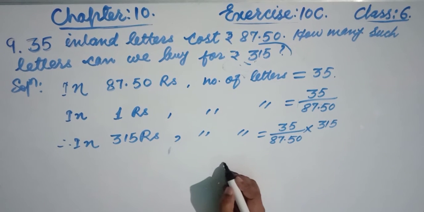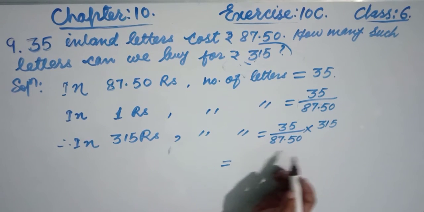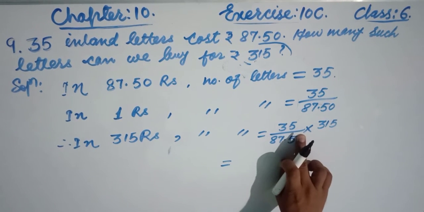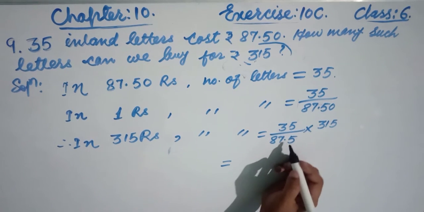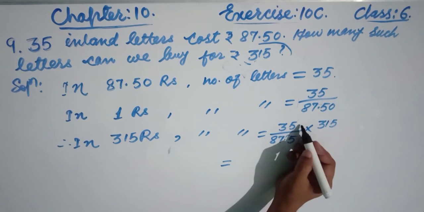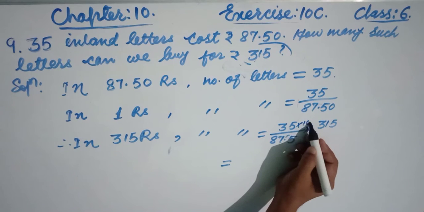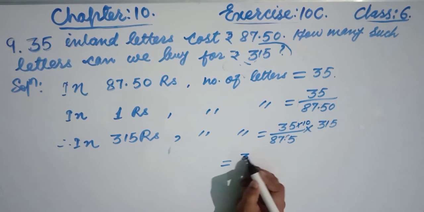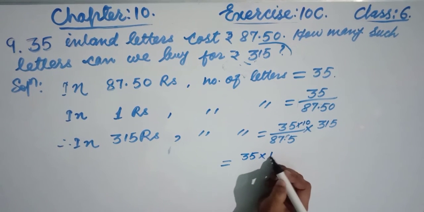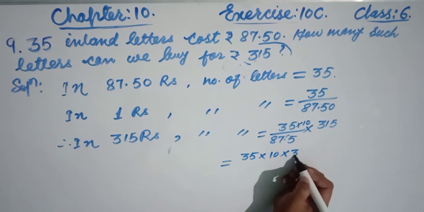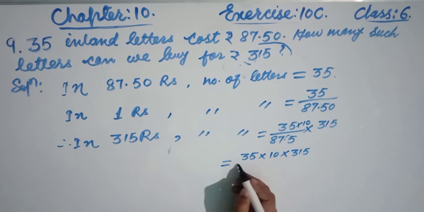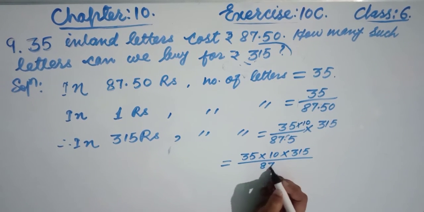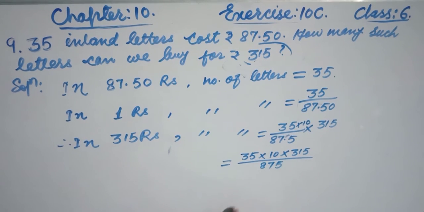Okay friends, now here friends, we can remove this 0, so remove this point friends, here write the 10, so this becomes 35 multiplied by 10 but multiplied by 315 and divided by friends 875.